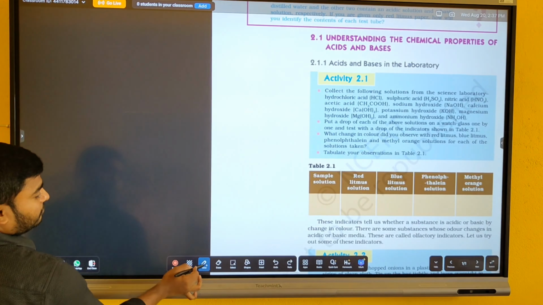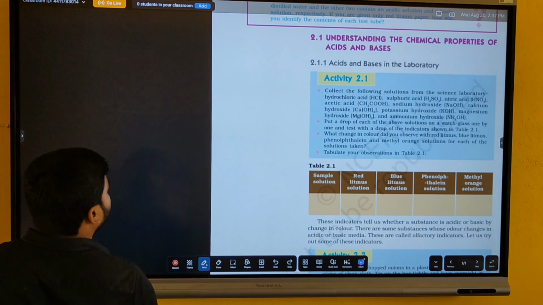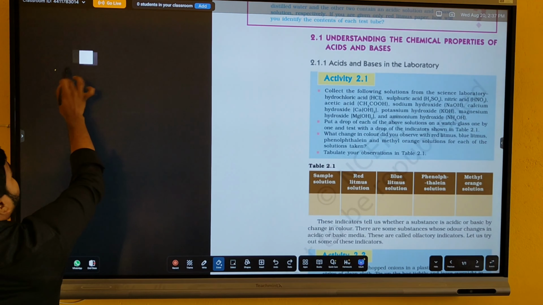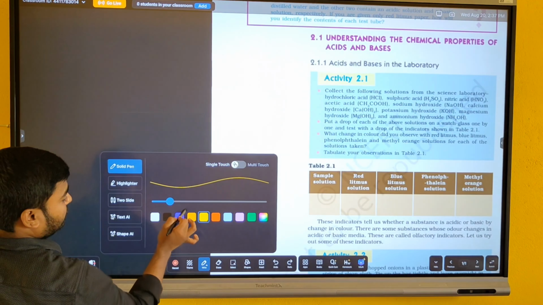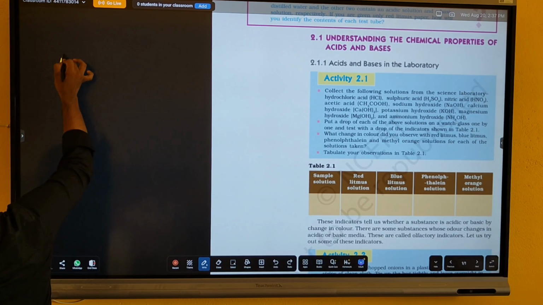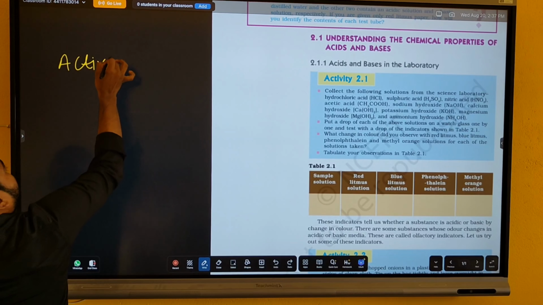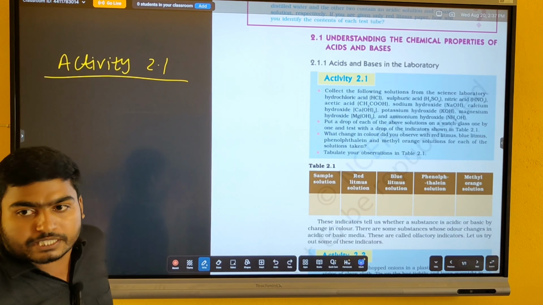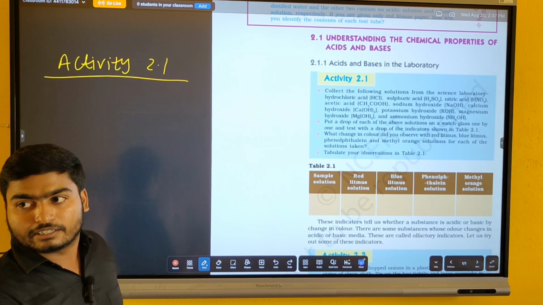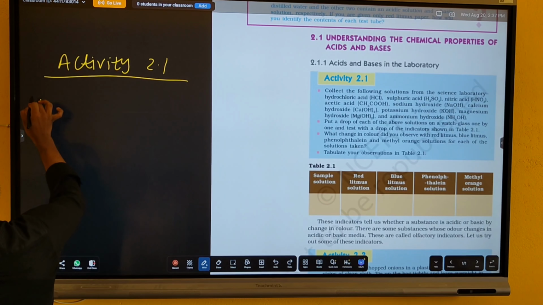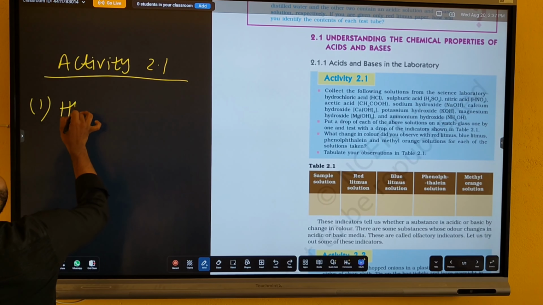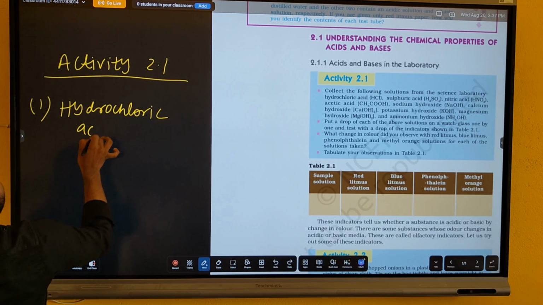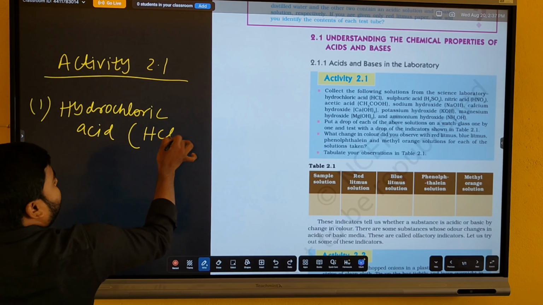Okay, so what will we be writing? First of all, activity 2.1. In 2.1, what all substances do you have to take? First one, hydrochloric acid, and the formula is HCl.